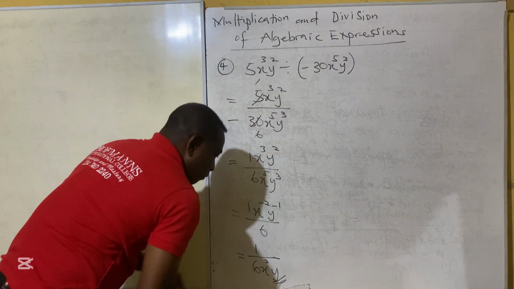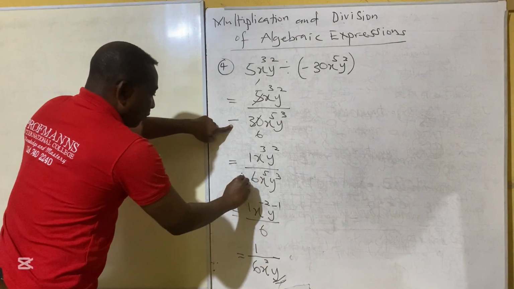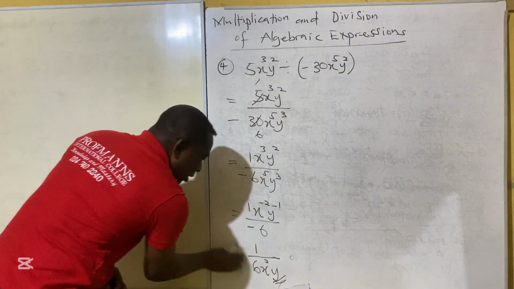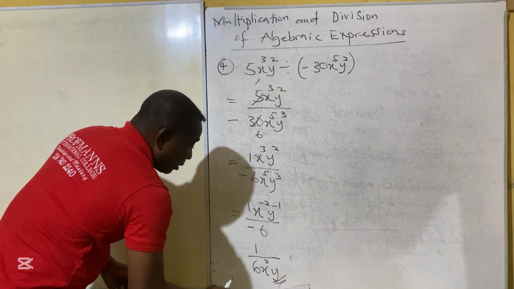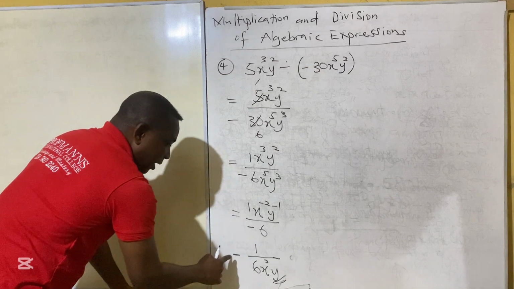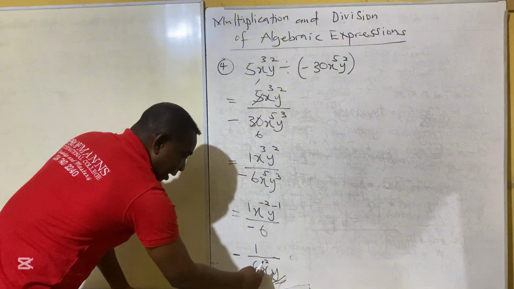So this is the final answer. The mistake here is we have negative, and finally you don't leave the negative; you bring it to the denominator. So the final answer is 1 over 6 x squared y.